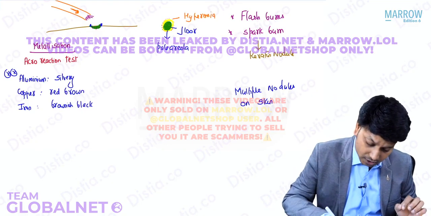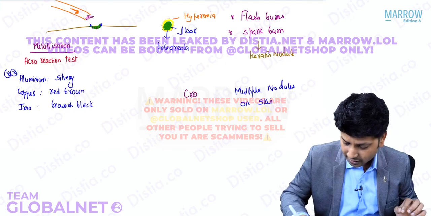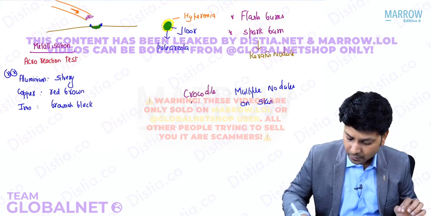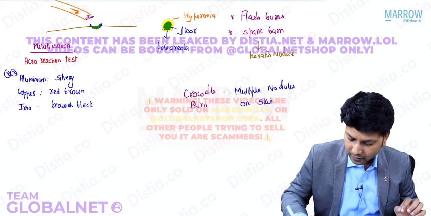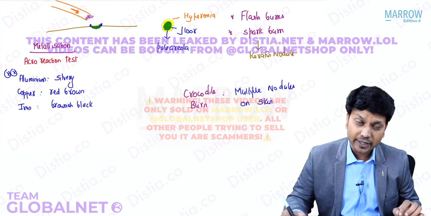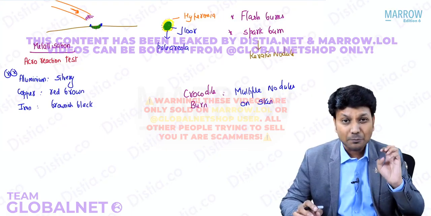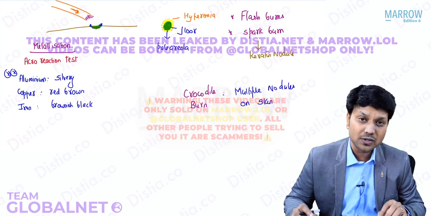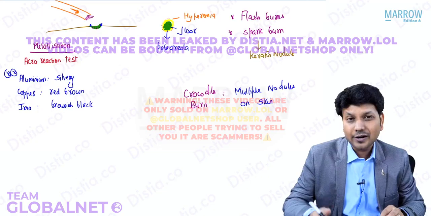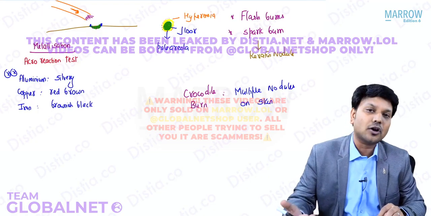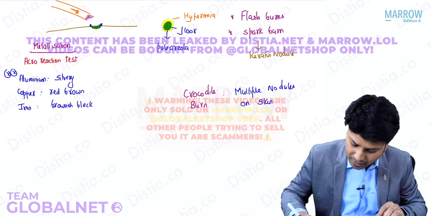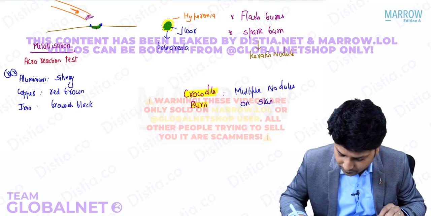That is why this burn is called crocodile burn. Because of a lot of sparks burning the skin, you will have multiple nodules, and the skin will look like the skin of a crocodile, and that is the reason why this burn is called crocodile burn.